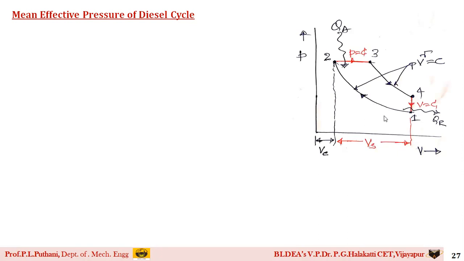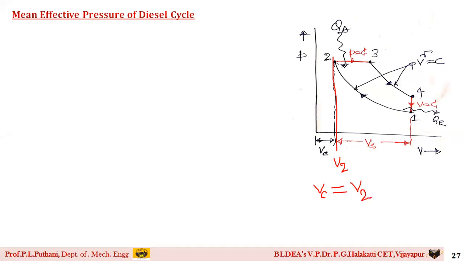Here we have made some assumptions, students. According to our PV diagram, if you observe carefully, point number 2, that is volume V2, is equal to the clearance volume, which means Vc is equal to V2 from the given figure.